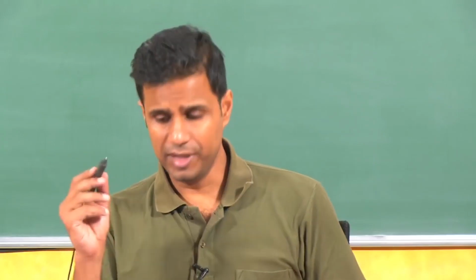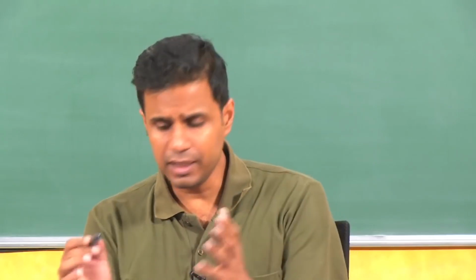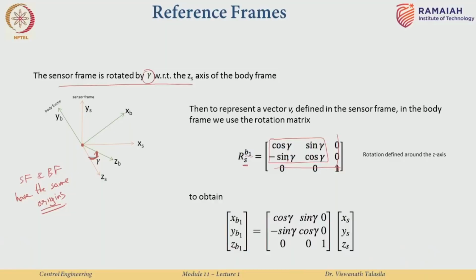I am going to do this step by step. About the z axis, if you blindly use this expression, which is called the rotation matrix, it helps you in this example to align the two z axes of the two reference frames.